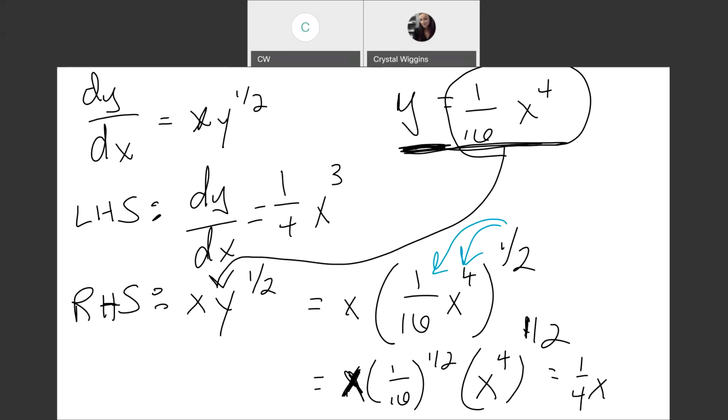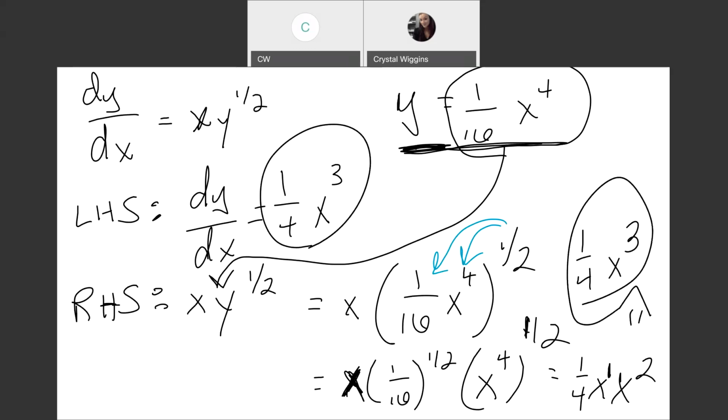Well, when you have power to a power, the laws of exponents tells us to multiply, and 4 times 1/2 is 2, so that would be times x squared. Now, laws of exponents tells me that same base times same base, we add the exponents, resulting in the right-hand side being, I'm going to put it up here, 1/4 x cubed.